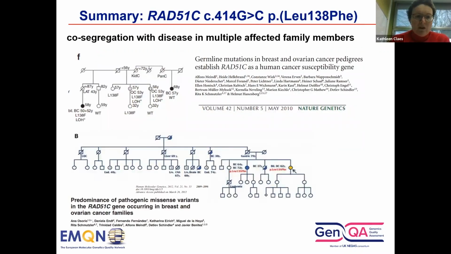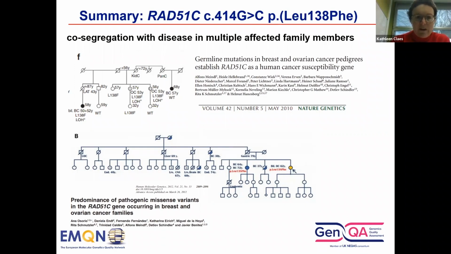Then in the literature, several publications have described the variant, and in some publications you can find pedigrees to evaluate co-segregation with the disease in multiple affected family members. Here you see two pedigrees from two different publications.